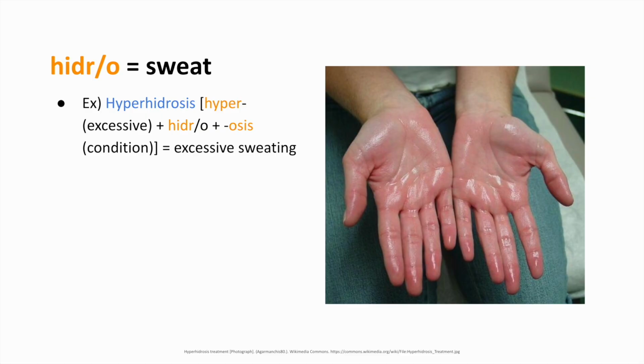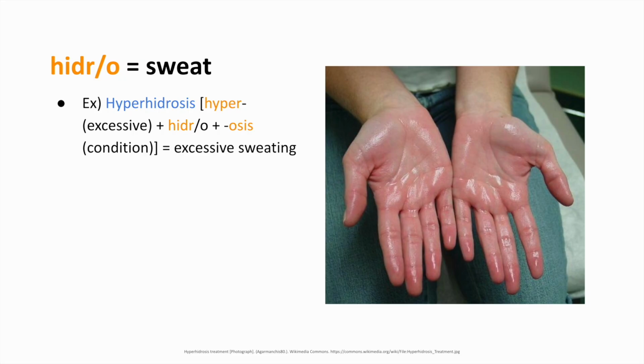Remember in the presentation earlier, hypohidrosis was brought up. This is the opposite of that, hyperhidrosis. Hydro is pretty intuitive: sweat, like water. Hyper is a prefix that means excessive, and osis is a suffix that means condition.